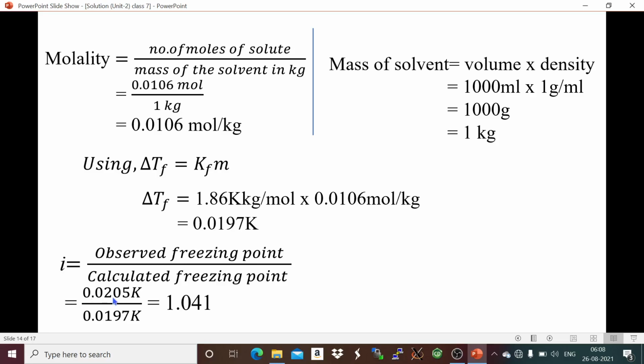So it is 0.0205 Kelvin divided by 0.0197 Kelvin.